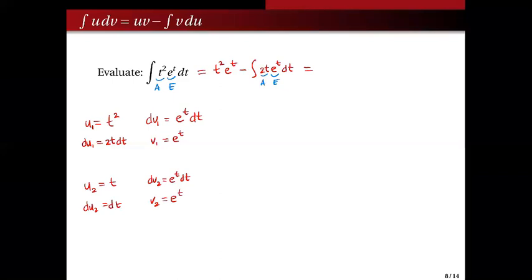So here, we're good. We have here t squared e to the t, and then minus 2 times the quantity. Take note of that grouping, don't forget. You integrate t e to the t dt, so you have u2 v2, that's t e to the t, minus the integral of v2 du2, and you will have e to the t dt.